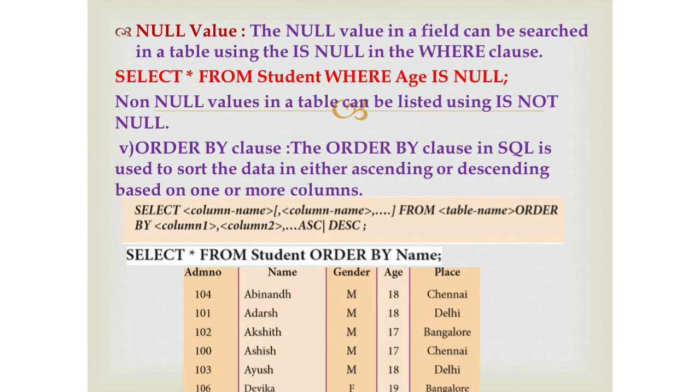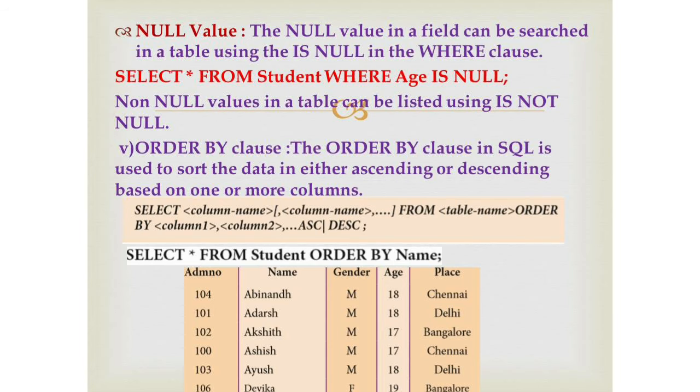Student is the table name, WHERE is a clause, and the age column field is null. Here it will display all the students whose age contains no value. Non-null values in a table can be listed using the IS NOT NULL keyword. If you want to display non-null values in a table, you can use IS NOT NULL.